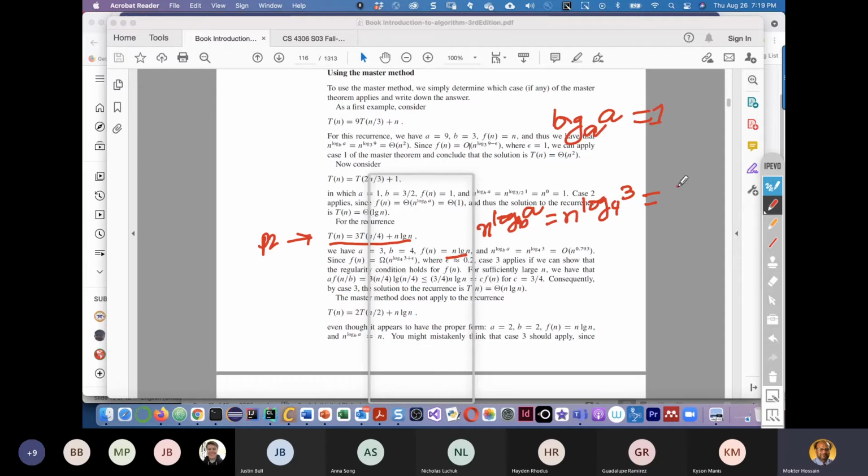So that is big O, then n to the power 0.8. So now it is 0.8, which is less than 1.